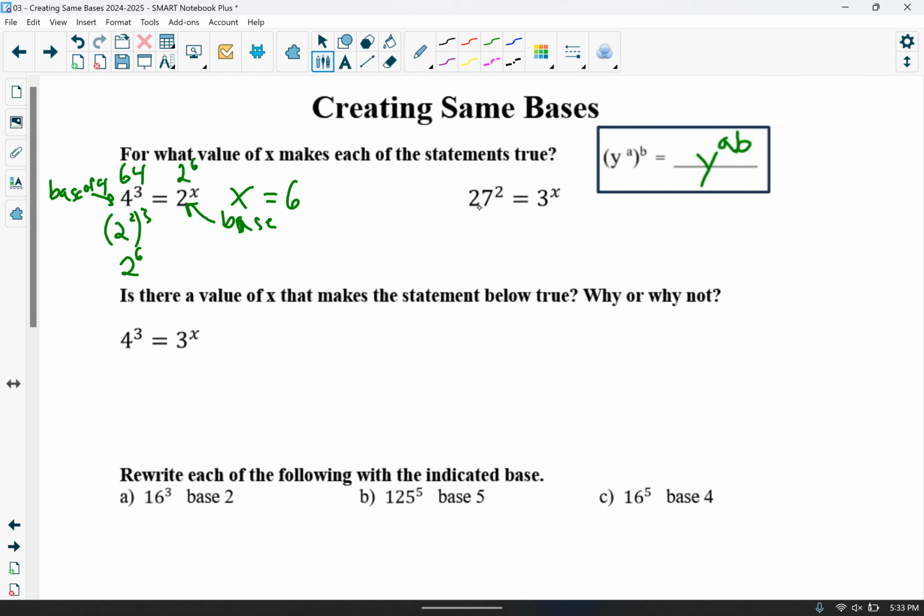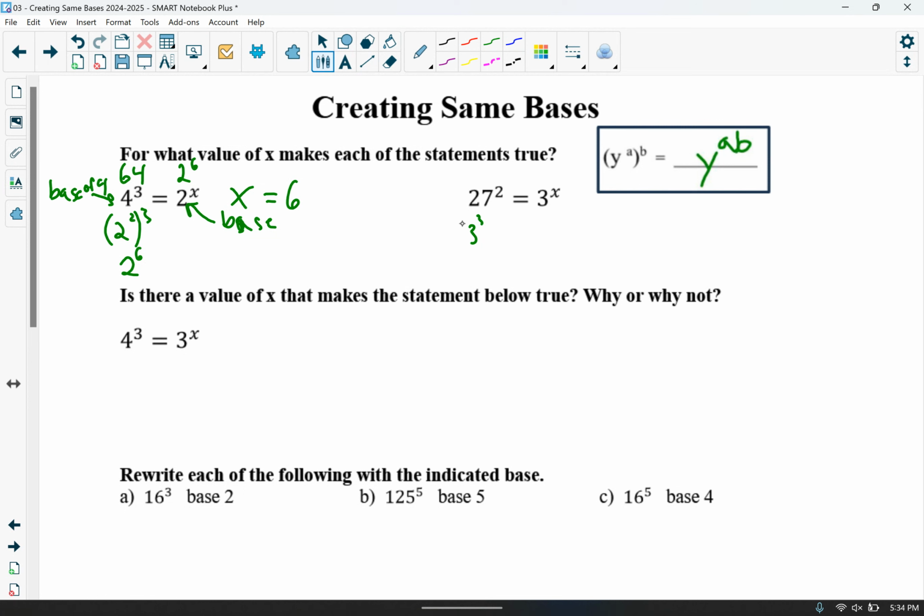Which really helps here because, well, I don't know what 27 squared is. I have no idea. But I can still figure out what value of x makes this statement true, that 27 squared is equal to 3 to the x, because I know 27 can be rewritten with a base of 3. 3 to the 3rd power is 27.